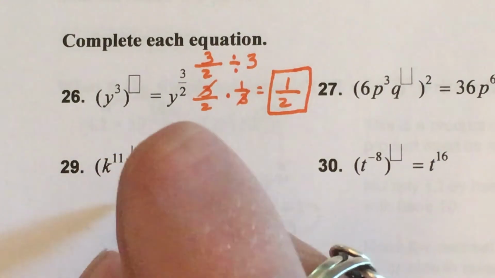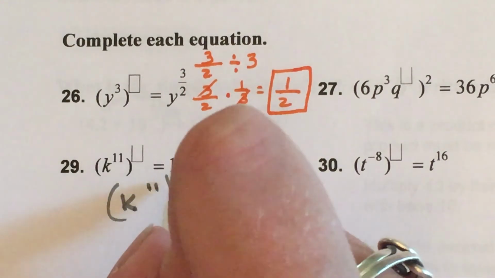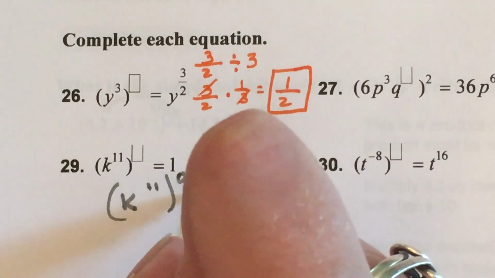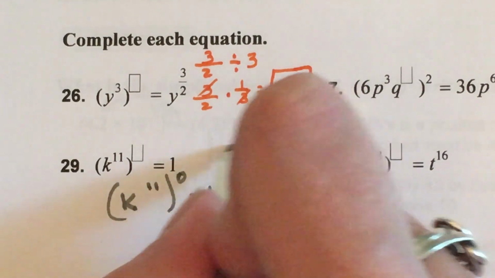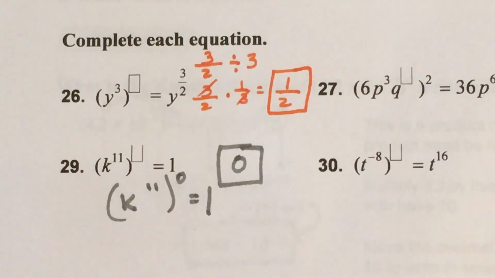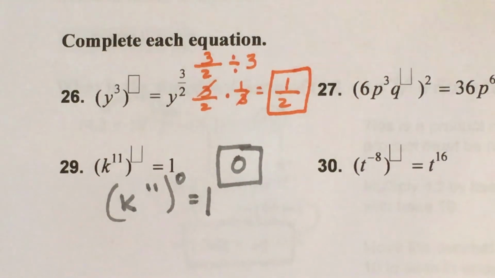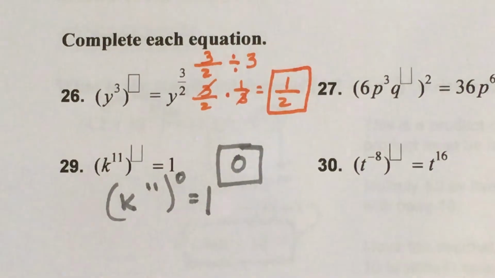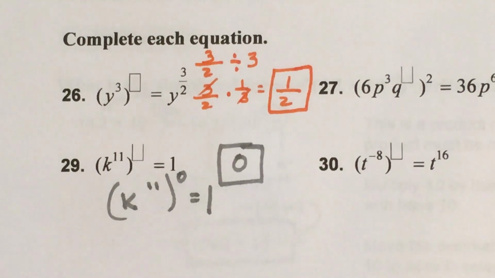So k to the 11th power all to the 0 power will make 1. That's right. So these last couple of problems are like little math puzzles, little baby math puzzles. So your turn, 27 through 31. Let's knock it out and come and tell me when you're done or if you need some help.